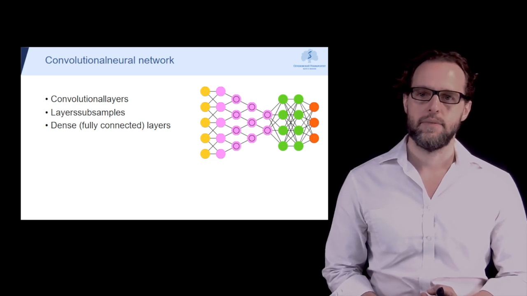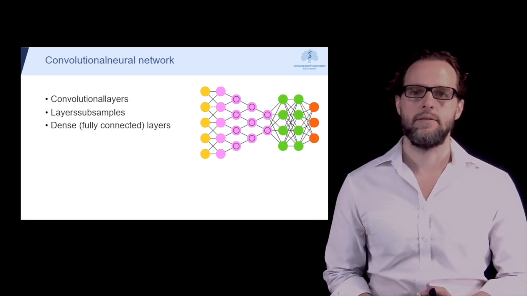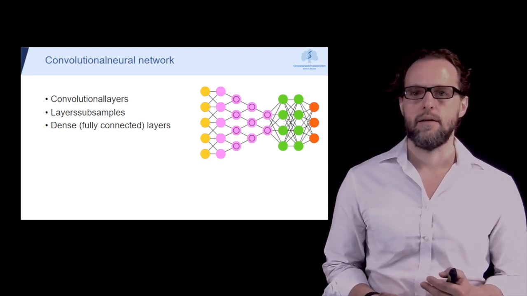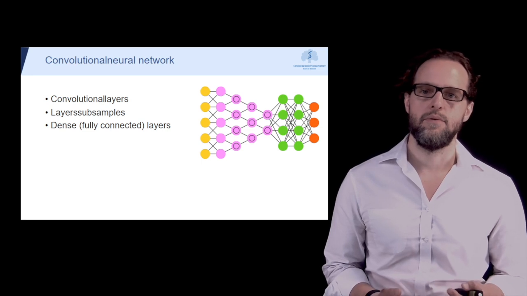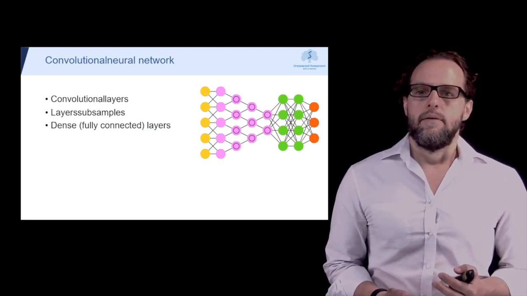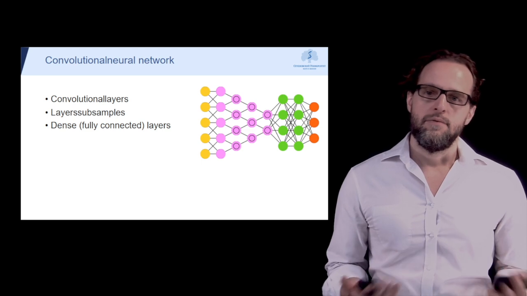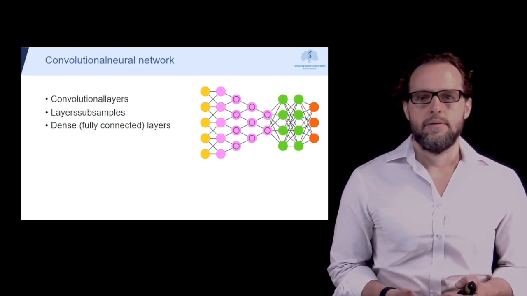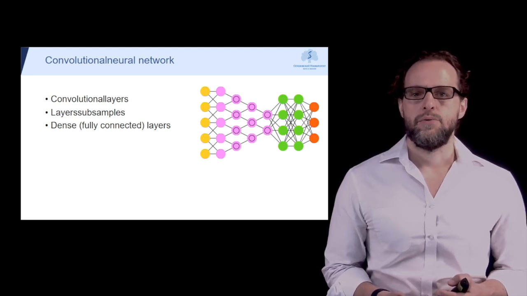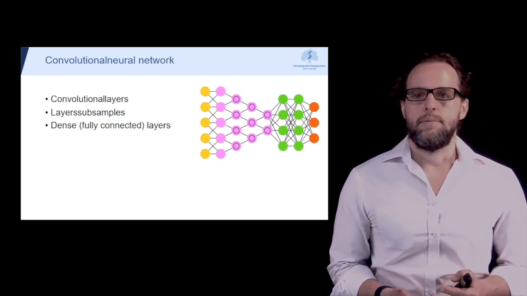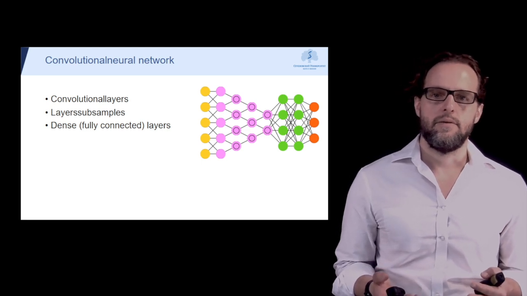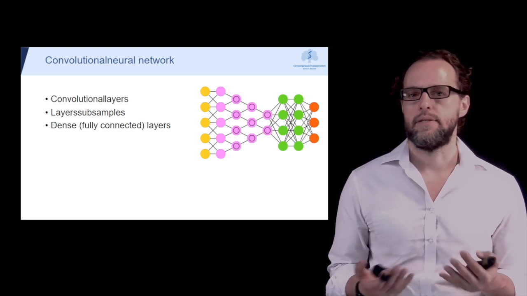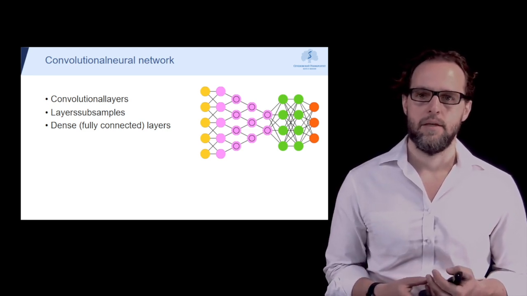Convolutional layers, and layers for dense connectivity, fully connected layers, and this will allow us to represent each cell to contain information from the starting pixel data.